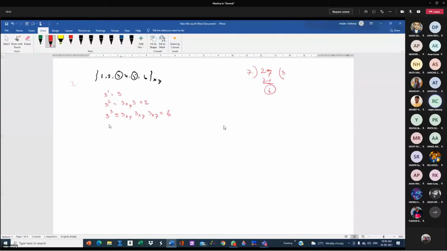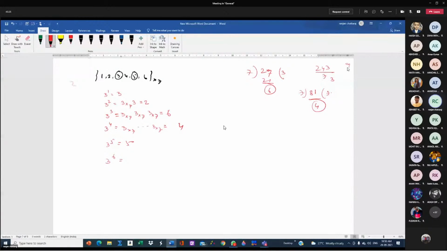Into 3, so 3, 24... divided by 7, you will get 5. And 3 to the power 6, that will come how much? 729 divided by 7 gives 1. You get 1 over here.